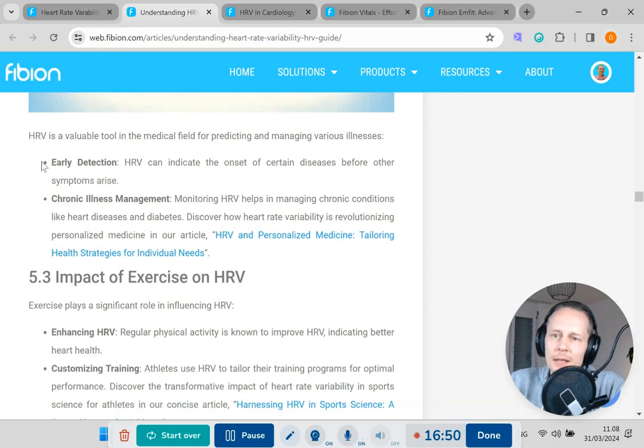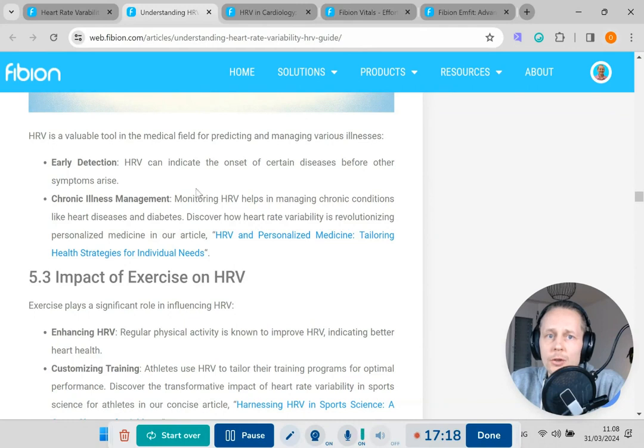You can maybe think that there is something changing in the body, and you usually see that the heart rate variability changes 1 to 2 days before you get sick. So it is the beginning of infection that you can see in heart rate variability before you maybe detect anything yourself. And you can use it also for chronic illness management.